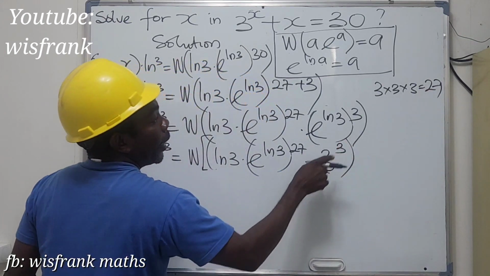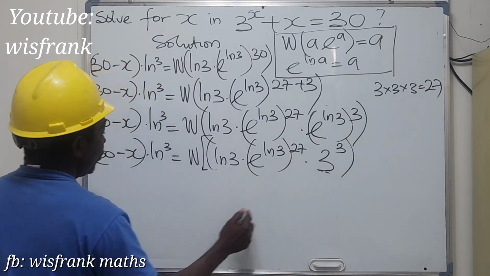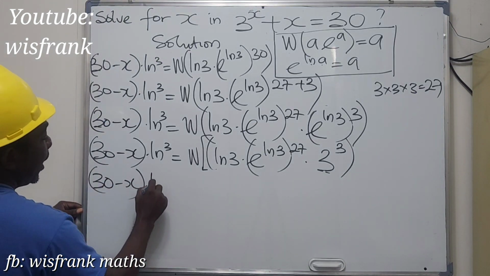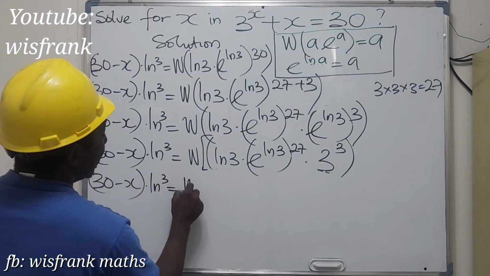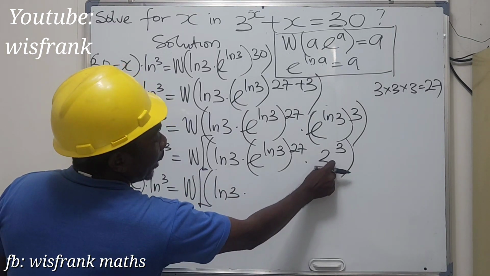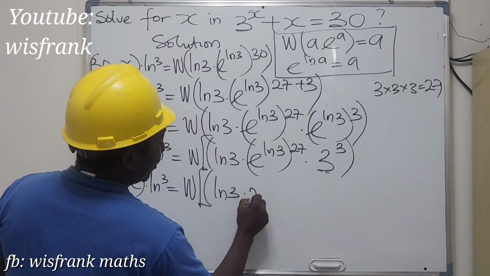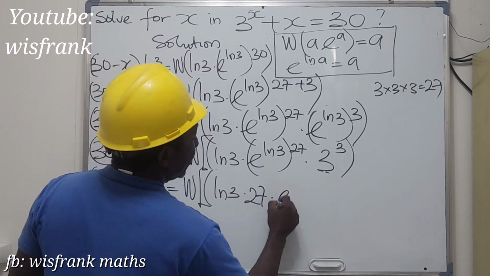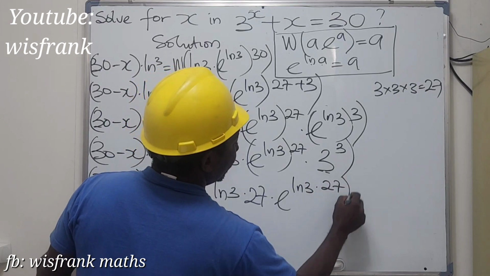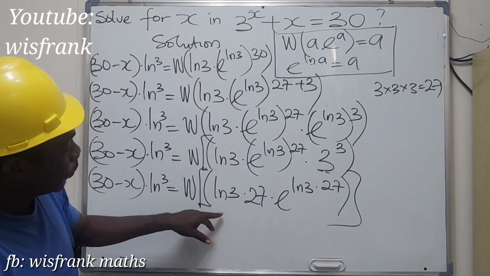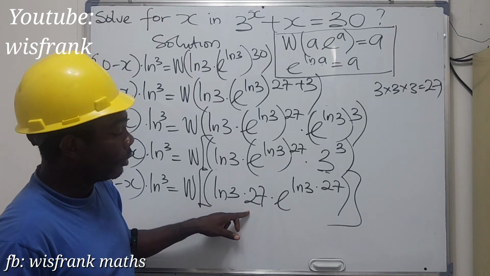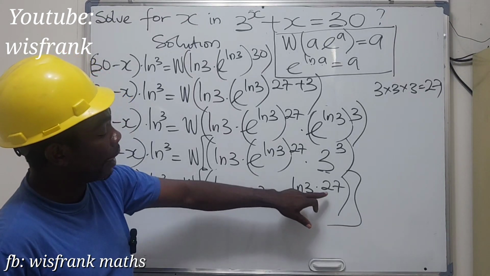So we are going to replace 27 with this. So this will become 30 minus x times ln of 3 equals the Lambert W function of ln of 3 times 27 times e to the power of ln of 3 times 27. Now you can see that we have ln of 3 times 27 and we also have ln of 3 times 27.